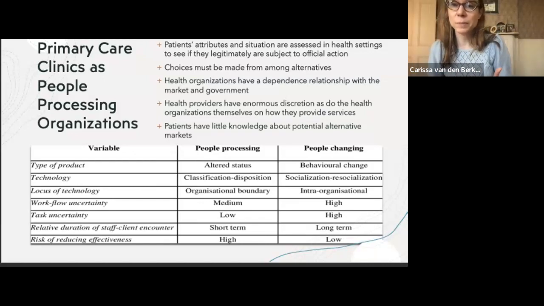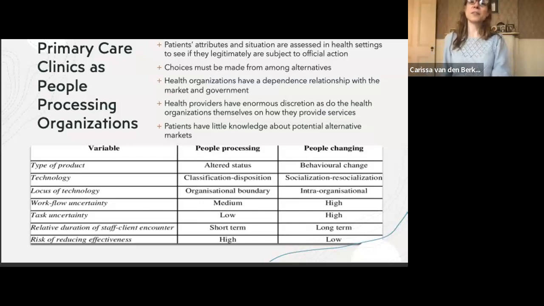They will basically measure attributes of a person in a situation, a patient, or, if we're thinking about health settings, they measure patient attributes and situation. They assess it to see if they are subject to any kind of official action. Choices are made among some alternatives.